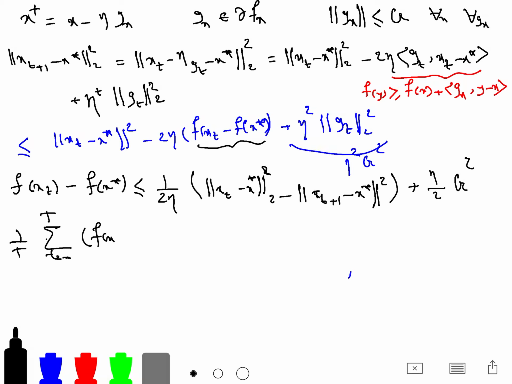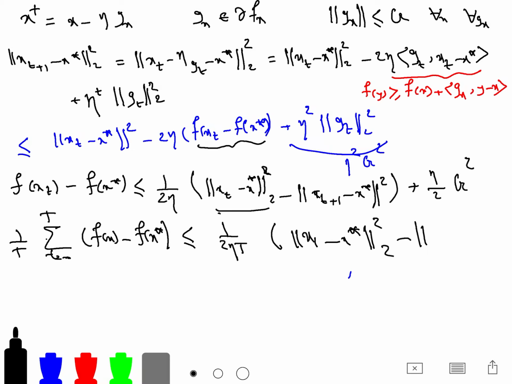So this is equivalent to writing like this, it is less than 1 over 2 eta T times x_1 minus x star squared, because for a telescopic sum, it is first term minus last term, plus eta over 2 G squared.